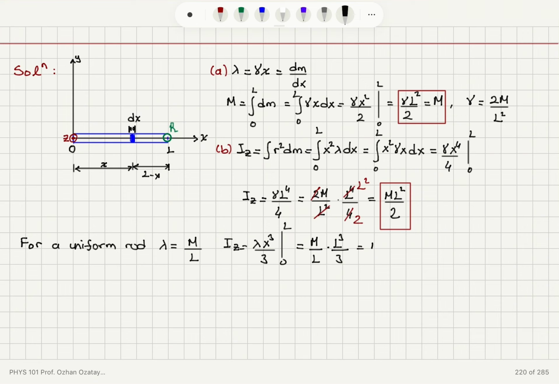I would obtain M L squared divided by 3.